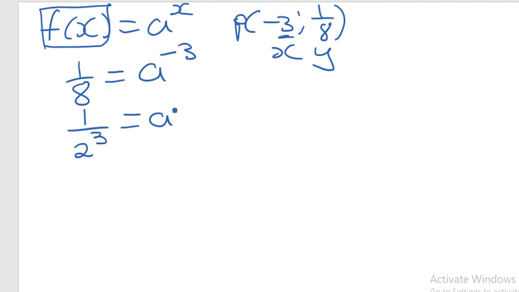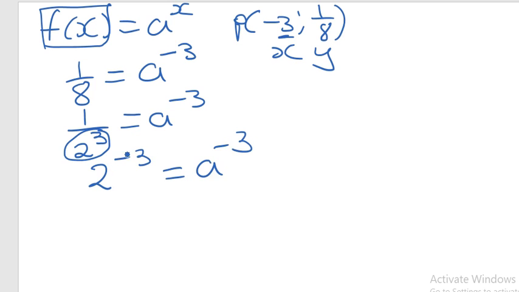Now this we write as a numerator, so that will be 2 to the power of -3, which is equal to a to the power of -3. Now the exponents are the same, we are allowed to equate the bases, so a is equal to 2. Alright, the value of a is equal to 2, so we have it.